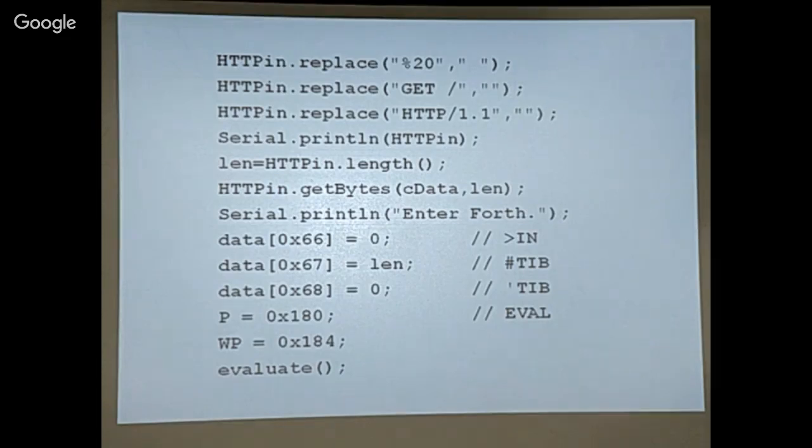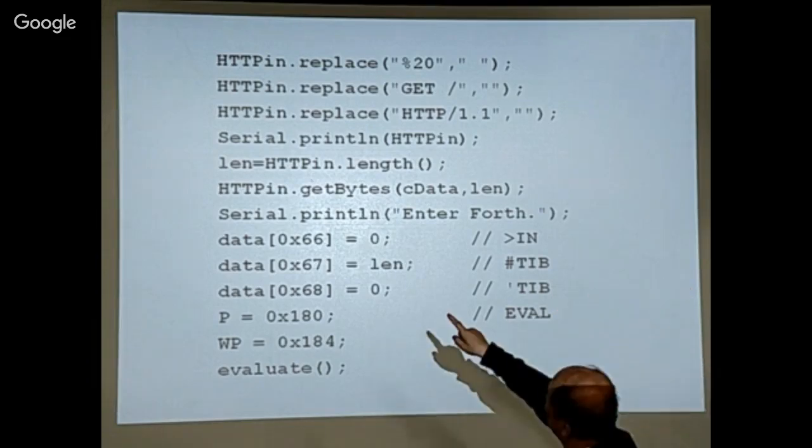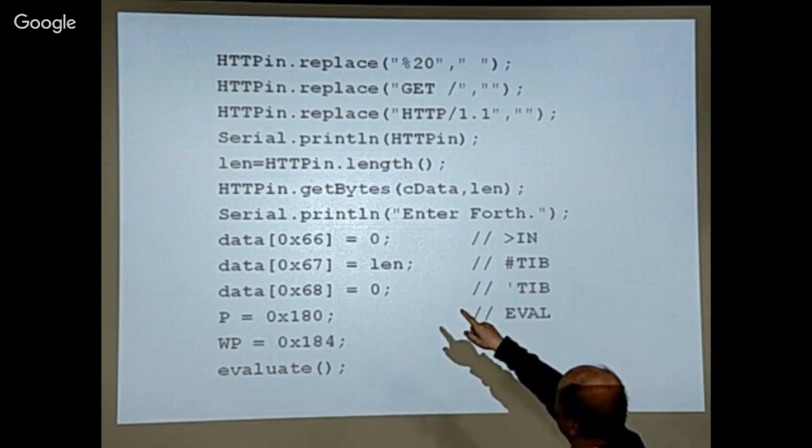There's a very nice replace function in the Wi-Fi package, so you can process these strings very nicely. Once you get rid of these characters, we need to find the length.